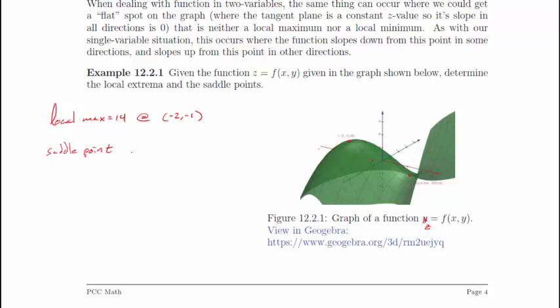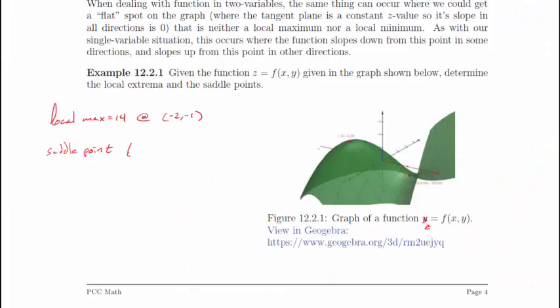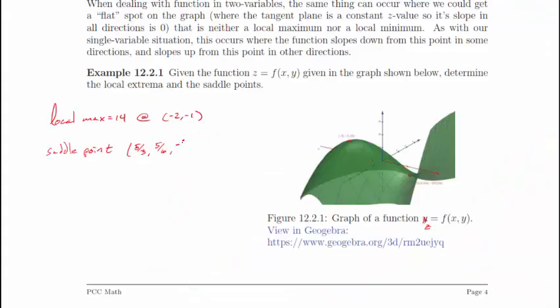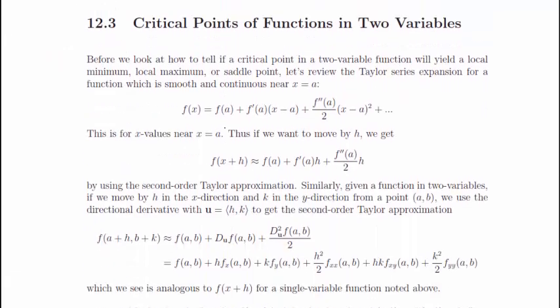So the saddle point is occurring when x is 5/3, y is 5/6, and z is negative 575 over 54. And that's it. Okay, so let's now look at how we can find these given a function defined symbolically.